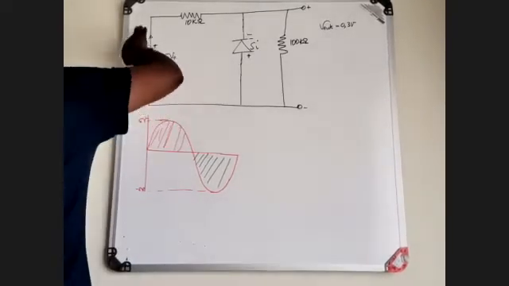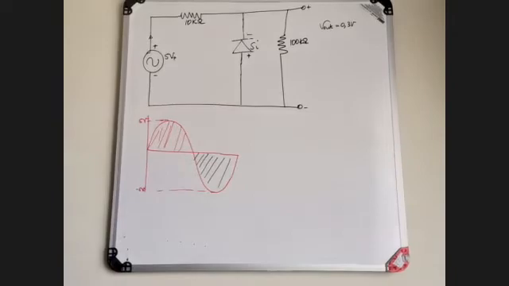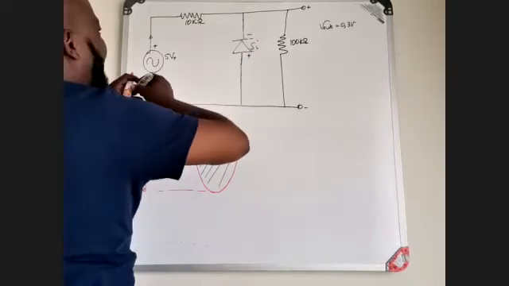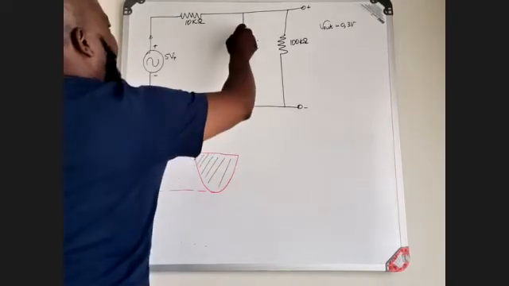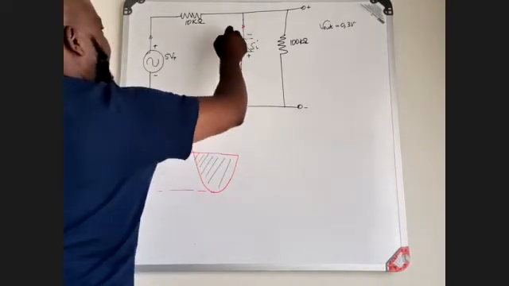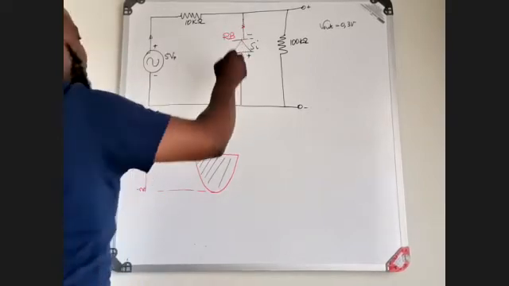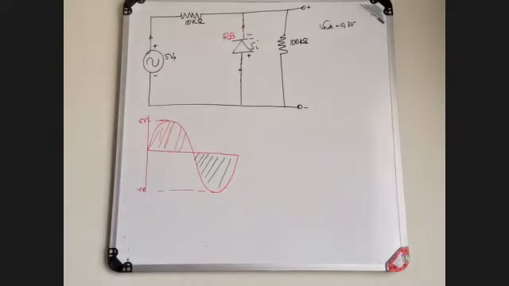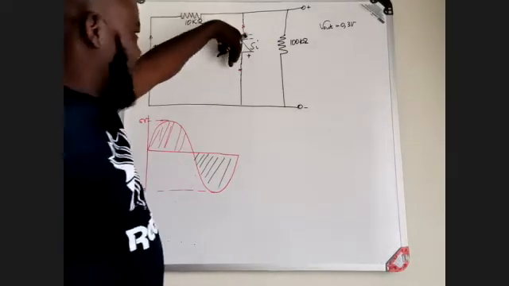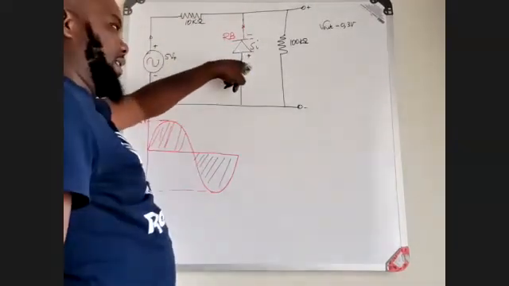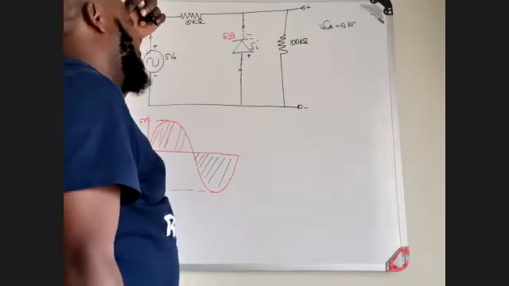If I've got a current flowing in this direction, how does it look at that component? This component is going to be in reverse bias mode. If it is in reverse bias mode, it is not going to allow the current to flow through. It can only allow the current to flow through if it is in forward bias mode.